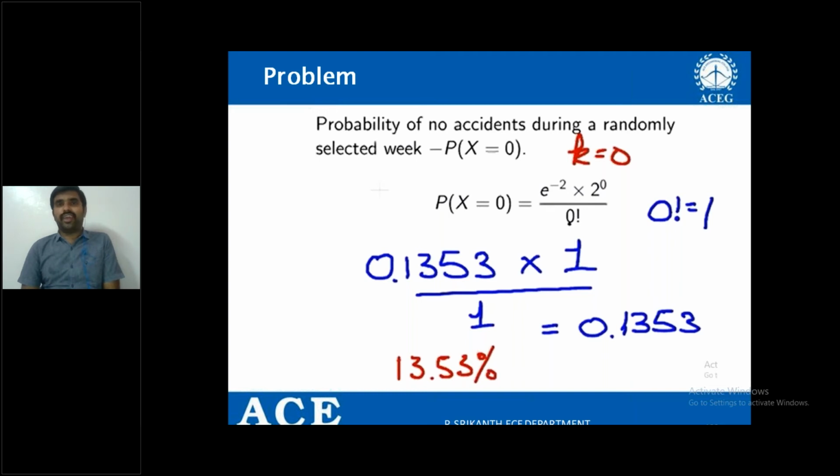So now in this class, what we have discussed, finally, some standard random variables, right? And in that case, discrete random variables are considered. Bernoulli random variable, binomial random variable, Poisson random variable.